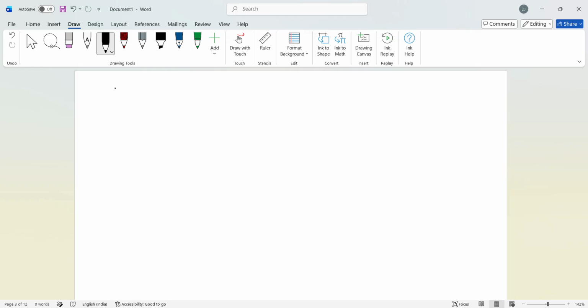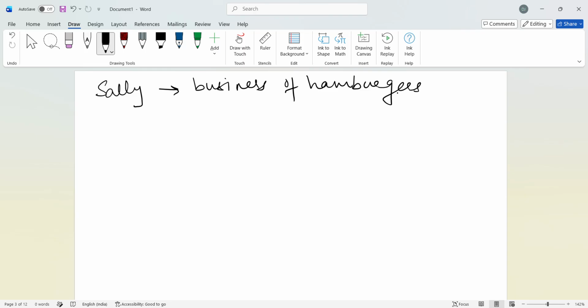All right. So, let's do an example for this so that you understand that better. Let's say Sally runs a business that only sells hamburgers. And she runs it in a building that she owns. So she runs the business of hamburgers and she owns the building in which she runs the business.